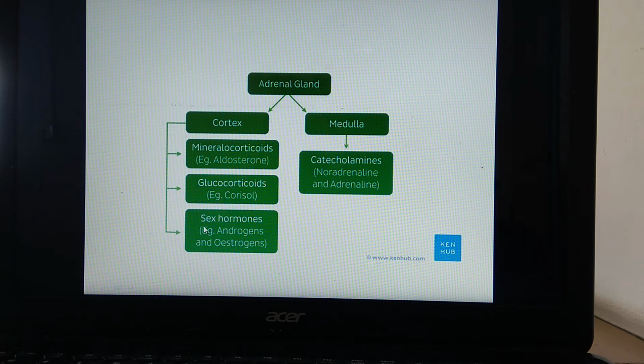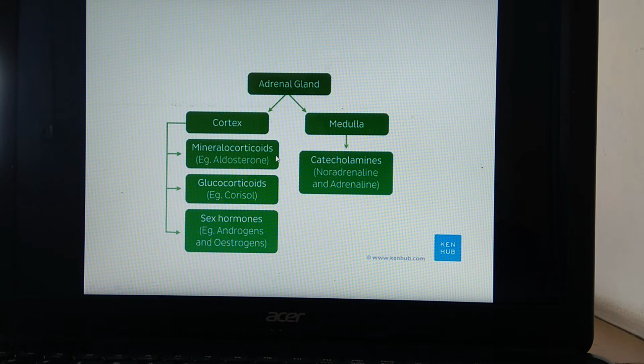The third hormone secreted by the adrenal cortex is androgens and estrogens, also called estradiols.